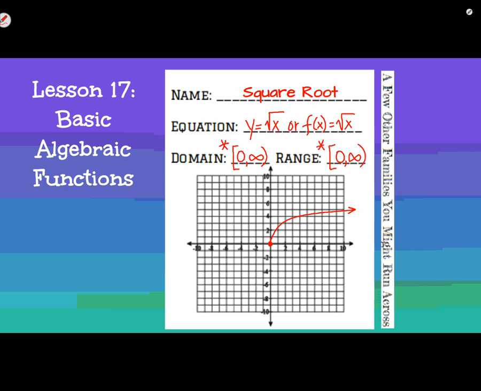Because these are able to be changed quite a bit just by shifting the graph left and right or up and down, I'm changing both the domain and the range. These get asked about quite often.